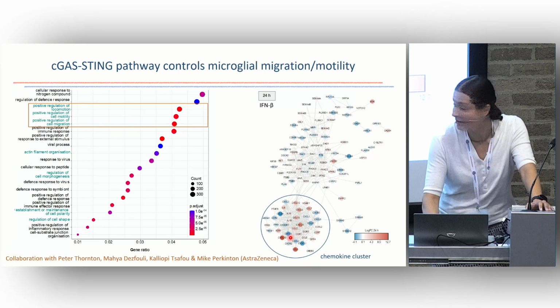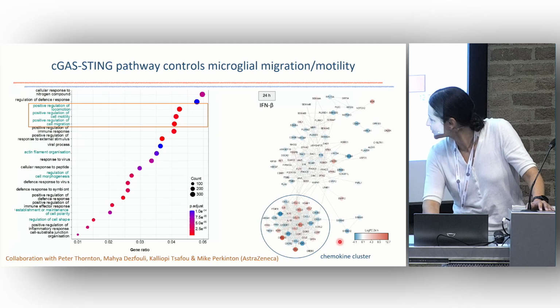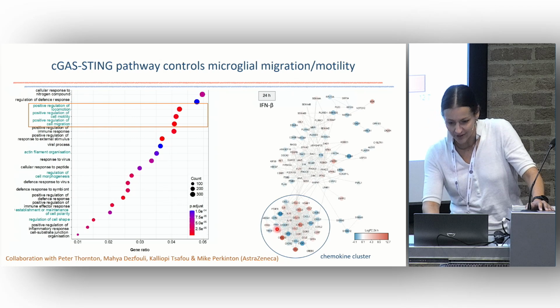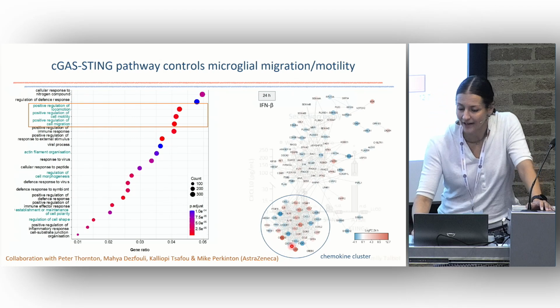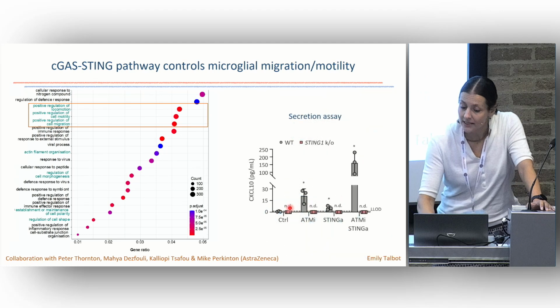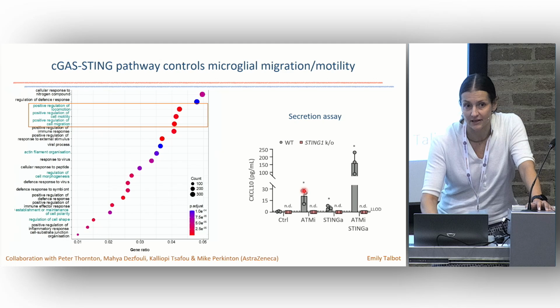And we decided to look a little bit further into one of these genes, which is really bright red. I'm sorry, there is a bit of a delay on my mouse here, which I don't see on my computer. So it's CXCL10 or IP10. And what we can see is that ATM loss stimulates the production of CXCL10.